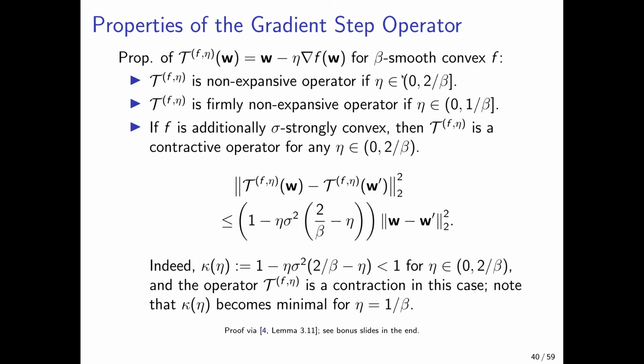Finally, let's consider this contraction property. There we have to assume a little bit more. If f is sigma strongly convex, then it turns out that this gradient step operator is a contractive operator. And one can derive this inequality here.